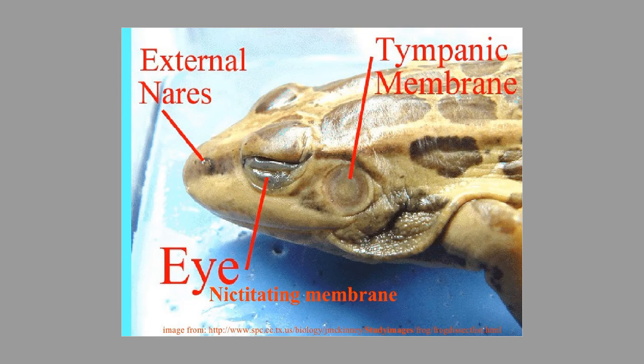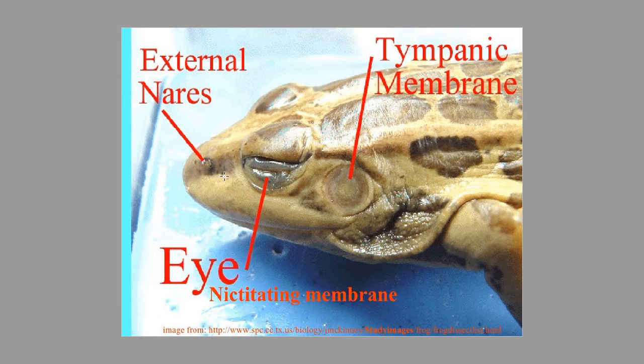It can be drawn over the eye. There is a pair of small external nostrils or nares on the dorsal surface of the head close to the snout.